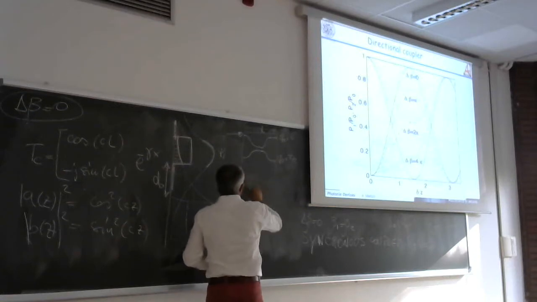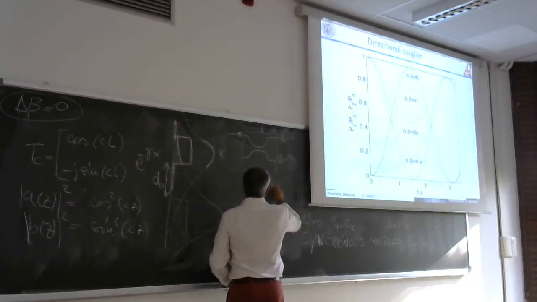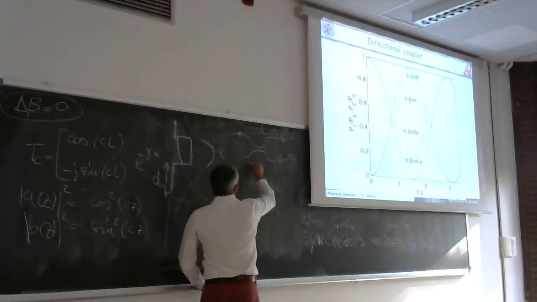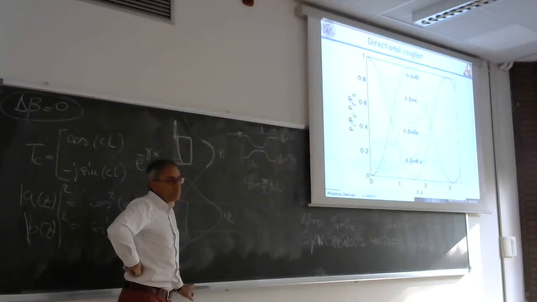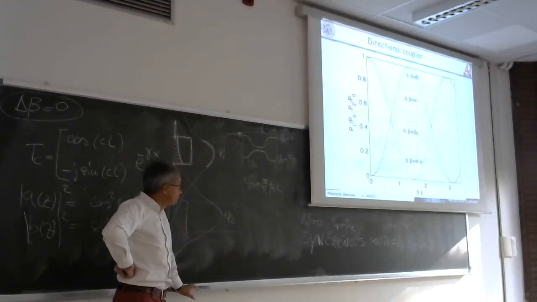And the phi 0 is, if you like to know, 2 pi divided by lambda, beta 0 L. So beta 0 is the beta of the waveguide, the average in case of asynchronous. Also, the first part is carrying beta 0. Yes. Okay.